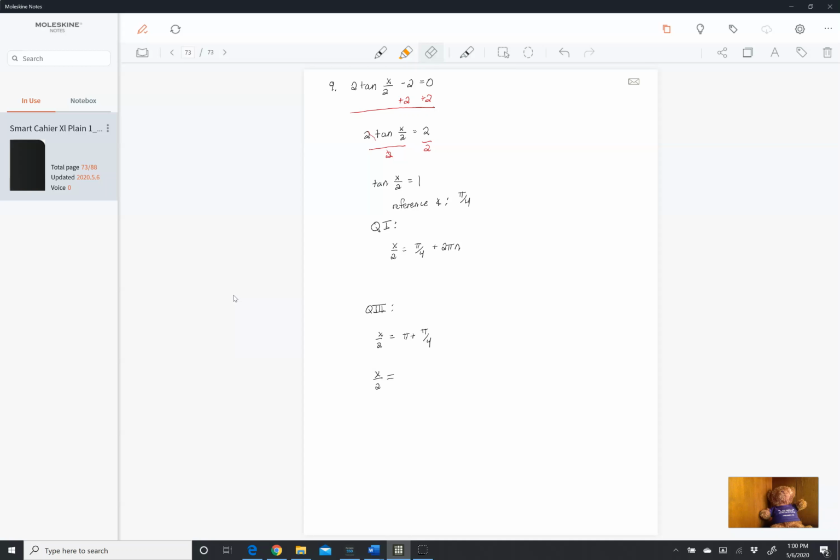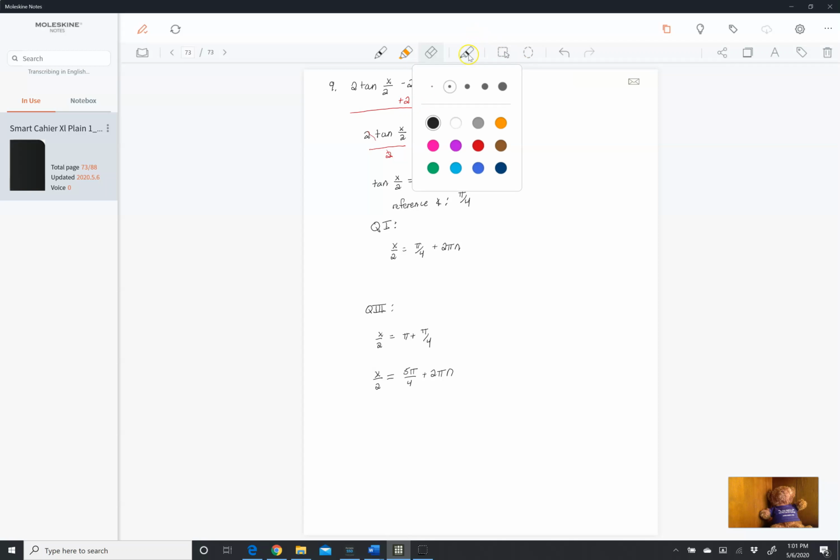So here we have 4 pi over 4 plus pi over 4. We get 5 pi over 4 plus 2 pi n. Okay? How do we get rid of this? How do we solve for x? Well, in this case, it's different.